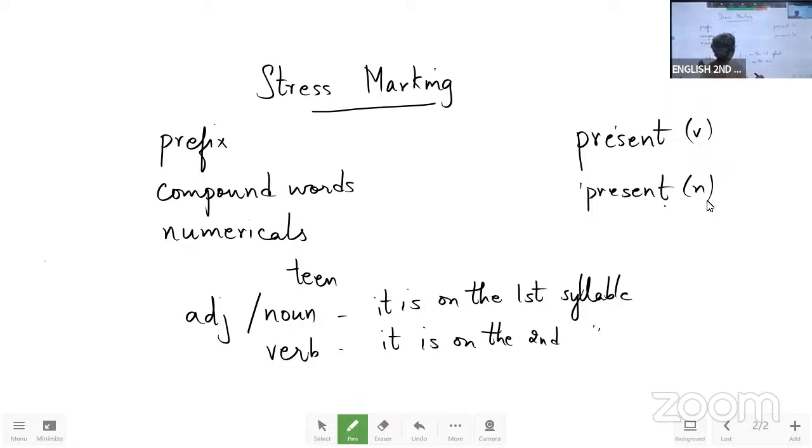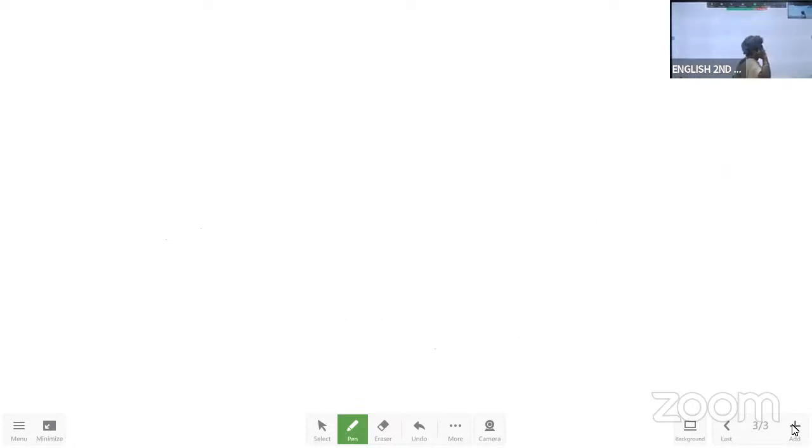Then going on to the next, this rule is very important, children. There are 3 rules with word endings. It is put in your textbook.